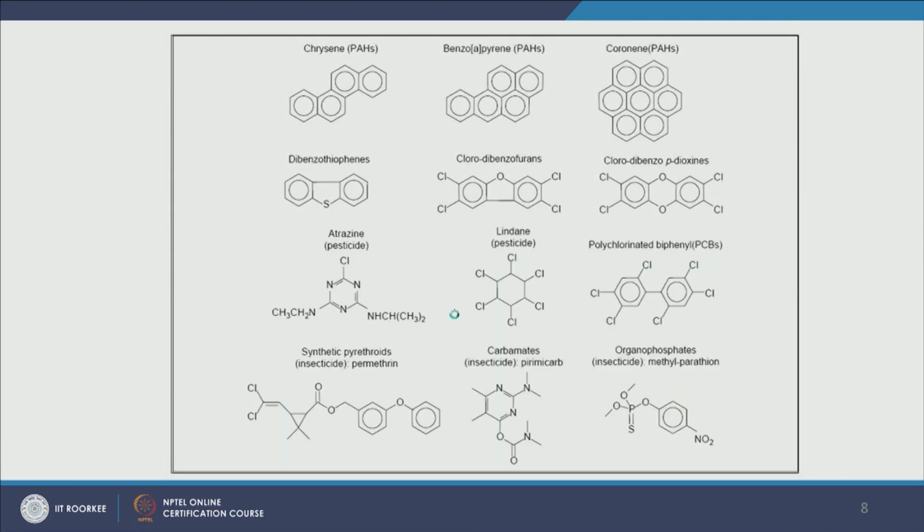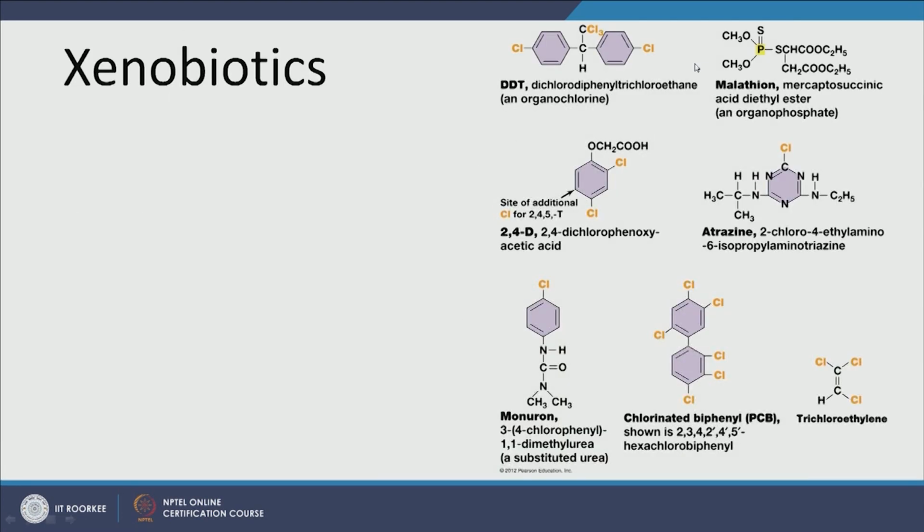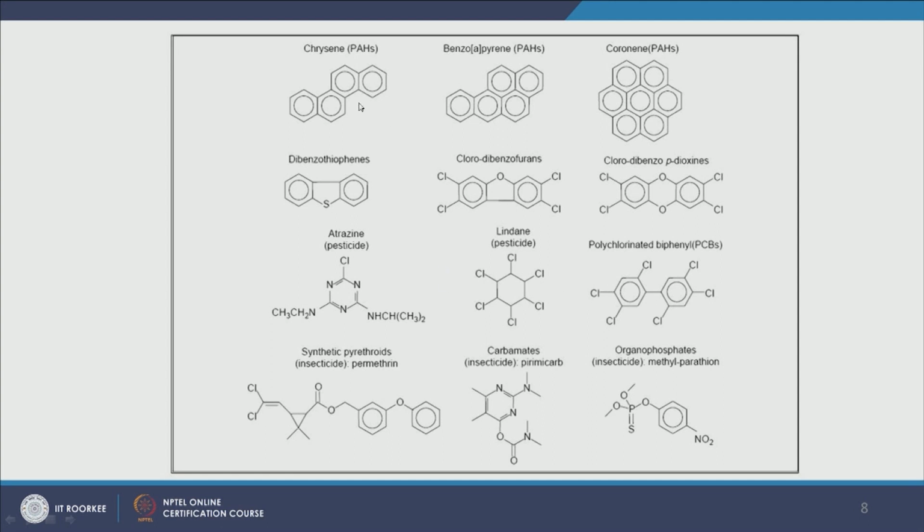But one thing you should notice is that malathion and trichloroethylene don't, but most of them have an aromatic ring or are polyaromatic. These are polyaromatic structures, they have multiple aromatic rings.